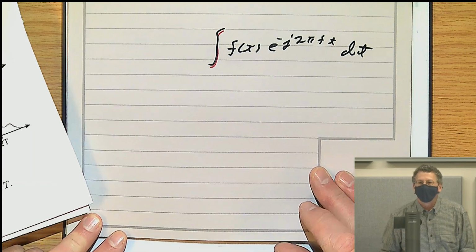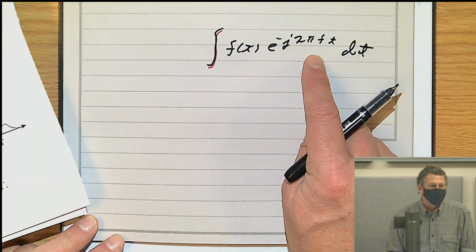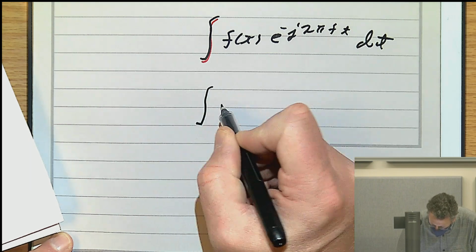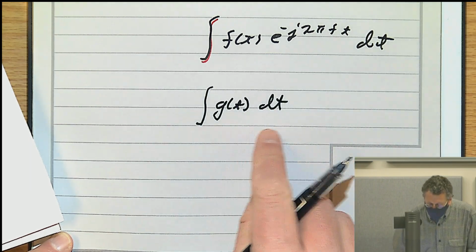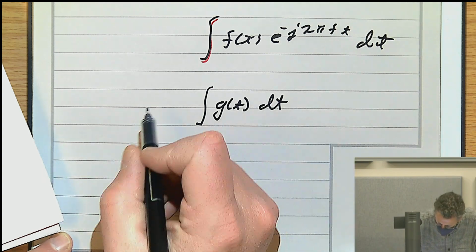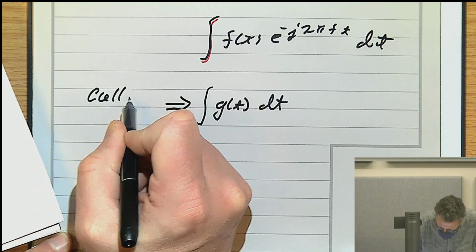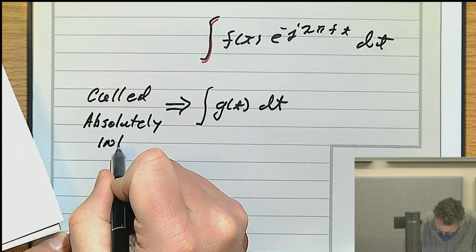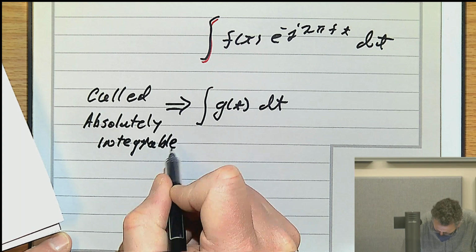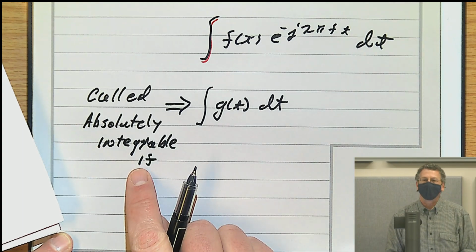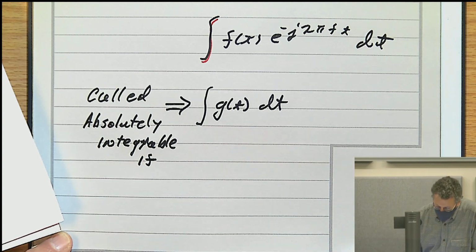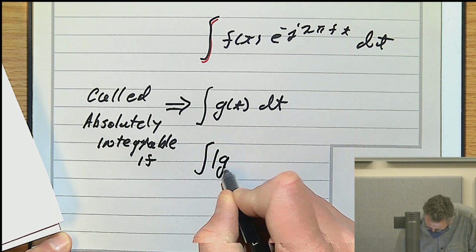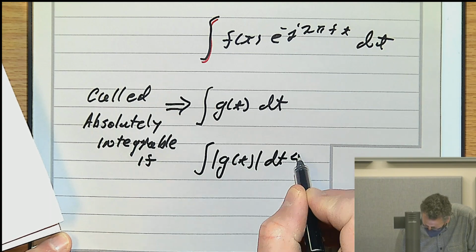Now, if you go back to your calculus, when you compute an integral, let's say the integral of g of t dt, this is called absolutely integrable, and if in a definition means if and only if, it's just a convention, if and only if the integral of the absolute value of g of t dt is less than infinity.